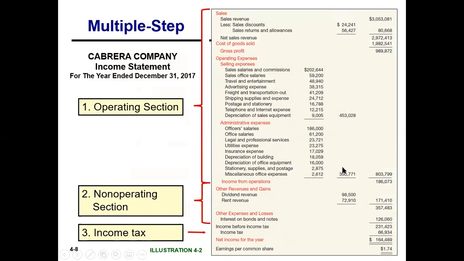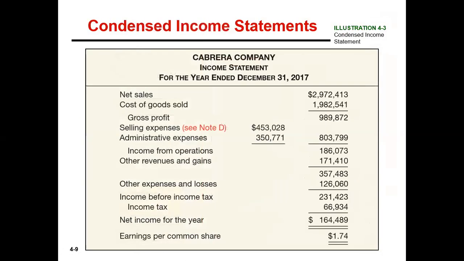So we've only put the aggregate number as opposed to breaking them down into the individual selling expenses, or we've just put the aggregate admin expenses as opposed to breaking down each administrative expense. So that's what we're looking at on the condensed income statement. We're just aggregating the numbers and showing the totals here as opposed to each individual expense category, for example.